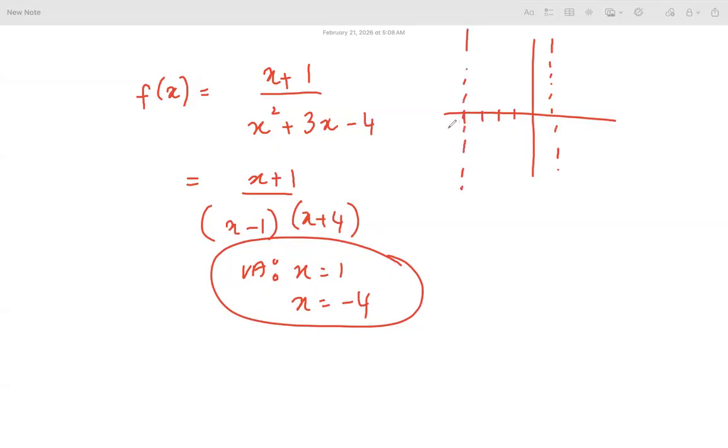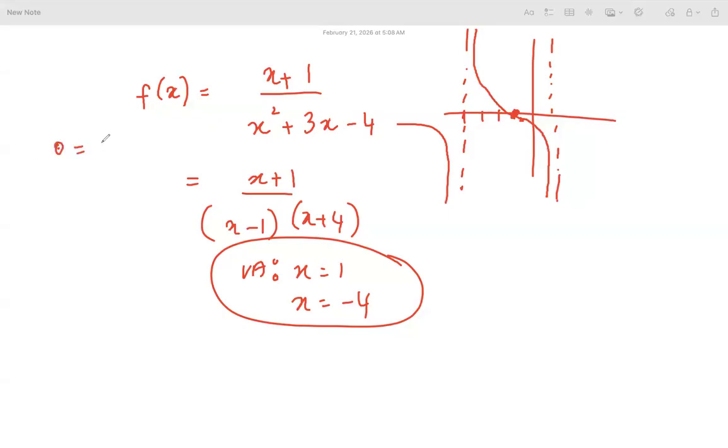After this, what else? The graph is going to be like this. This is a point on the graph. It's easy to find the x-intercept and y-intercept.